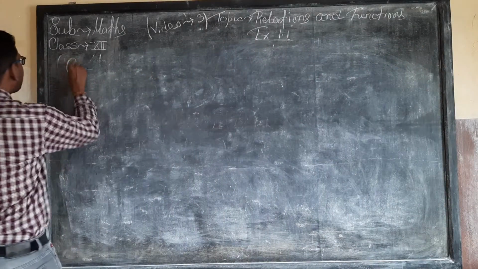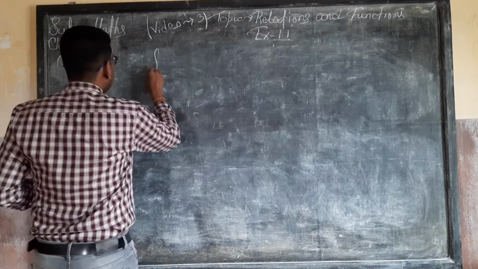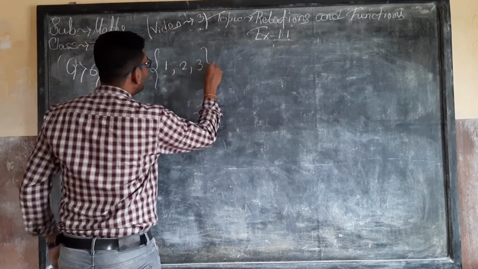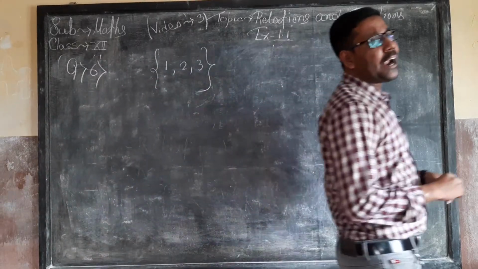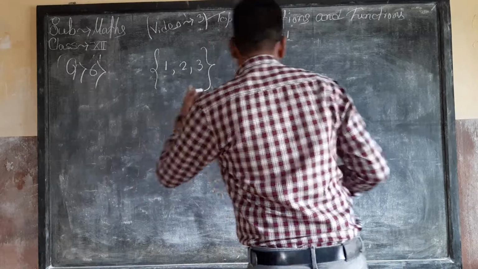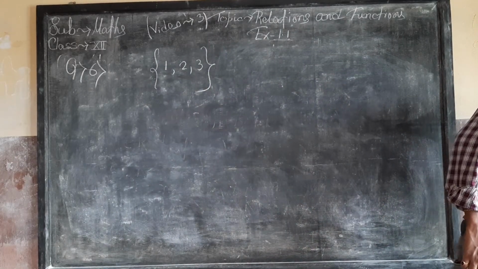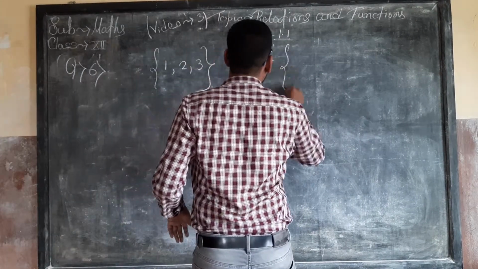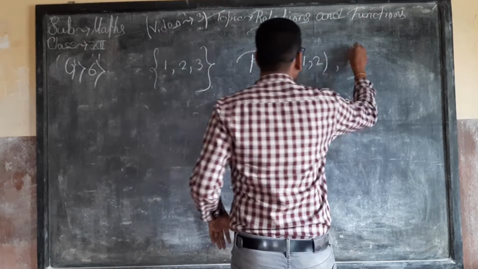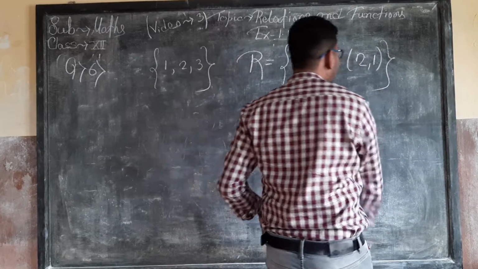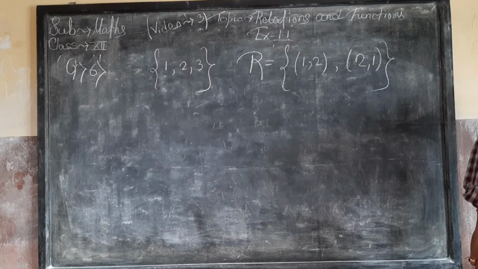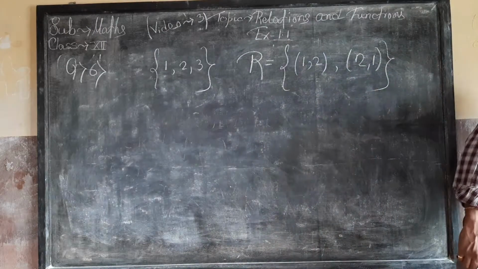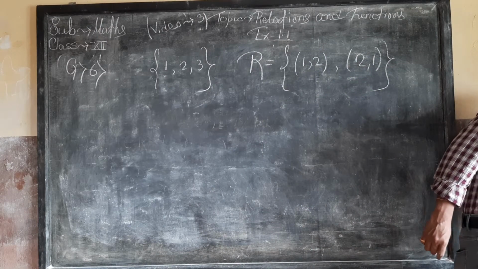As per question number 6, a set is given and this set also contains the three elements 1, 2 and 3, and a relation R is defined on this set {1, 2, 3}, and the elements of this R are (1, 2) and (2, 1). The question is to show that this relation only satisfies the symmetric relation but not the reflexive as well as the transitive.